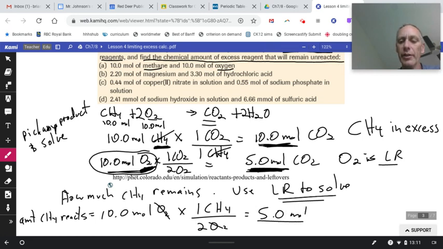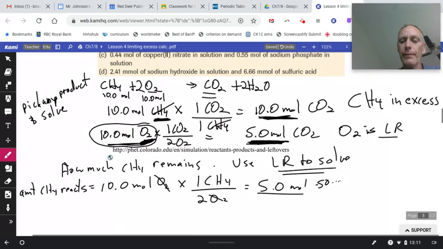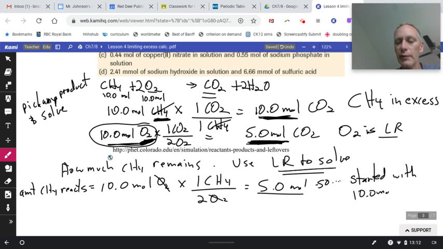Okay, so we started with 10 moles of methane, 5 moles react. So we subtract that, 5 moles remain.